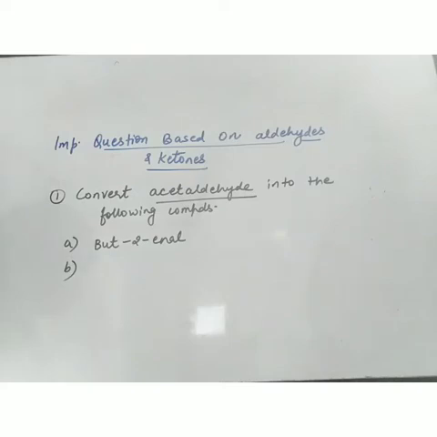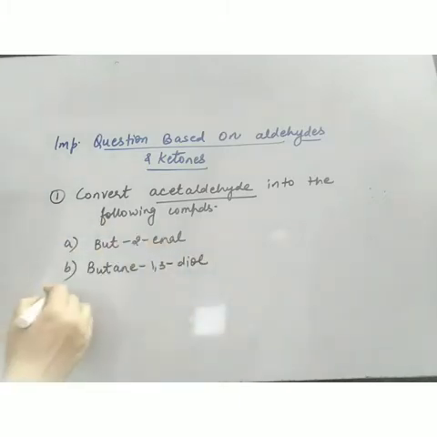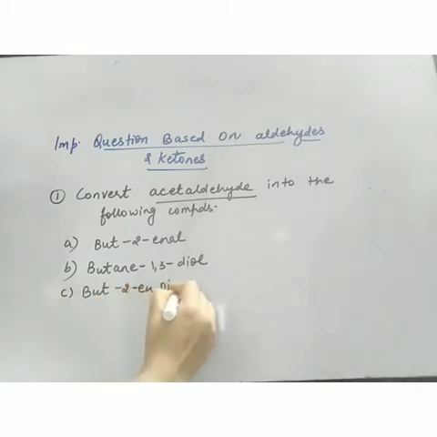The second compound is butane-1,3-diol. The third compound is but-2-enoic acid. So we have to convert this acetaldehyde into these three compounds. Let's solve the questions one by one.